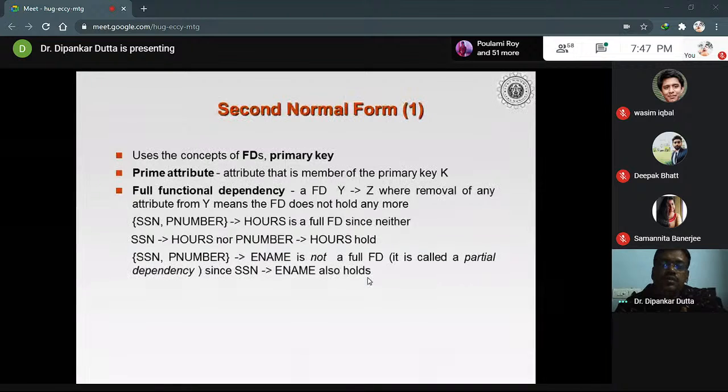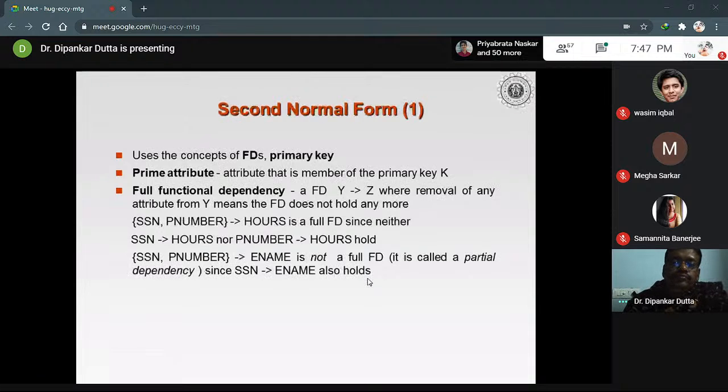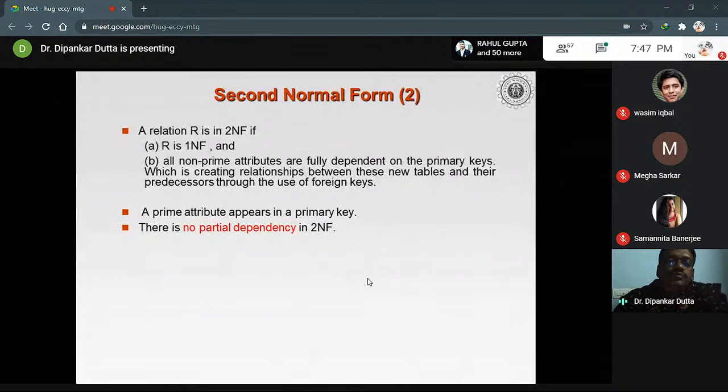Okay, so is it clear? Yes. Now, a relation R is in 2NF if R is in 1NF, means each and every cell must have an atomic value, and all non-prime attributes are fully dependent on the primary key.